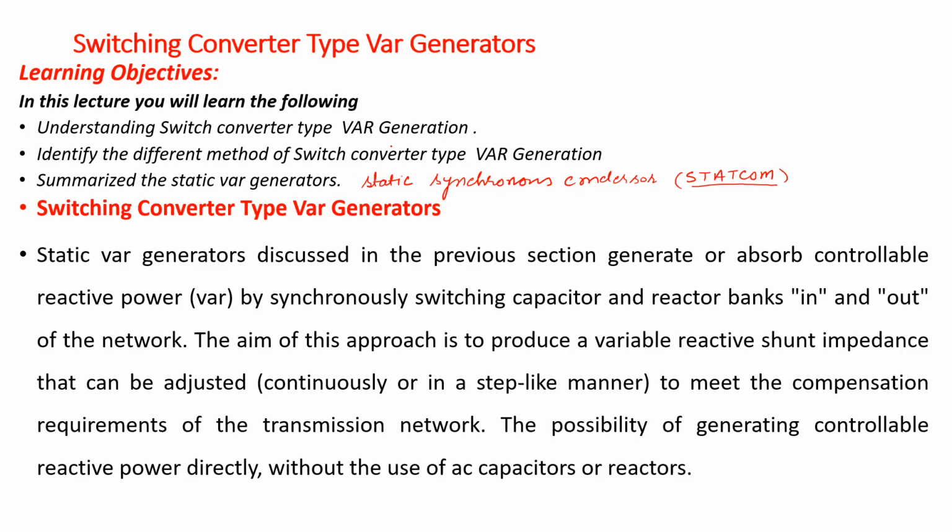These shunt static VAR generators and compensators include thyristor controlled reactor, thyristor switched reactor, and thyristor switched capacitor, as well as combinations of capacitor and inductor like fixed capacitor with thyristor controlled reactor, or thyristor switched capacitor.